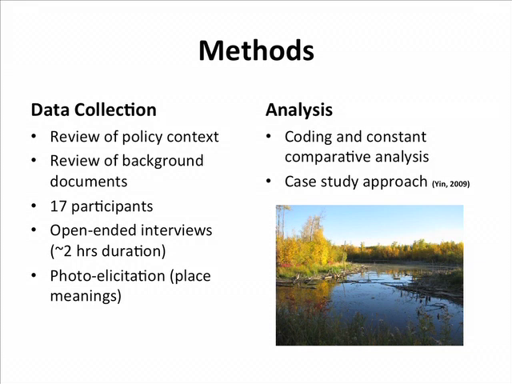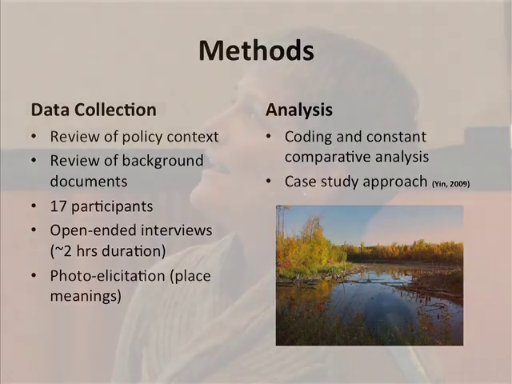Background documents to set up a timeline for development of the BHI, and primarily relying on interviews with 17 participants representing the 3 main sectors involved in the BHI: 3 levels of government, academic interests and research interests, and NGOs as well. Some of the participants ranged from politicians to land use planners to government scientists, outreach folks that are working in government agencies, so quite a broad representative group.